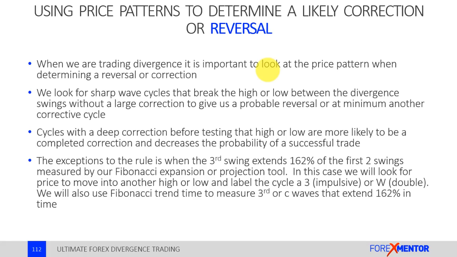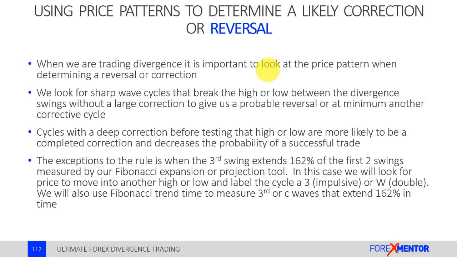It's just that it's extended in time, since it's extended so far in time in comparison to the initial two swings, that it appears visually to be an extension. In many cases, those are waves that have extended 162% in time, and it's also a continuation sign, or it gives the probability of a continuation of that particular cycle.